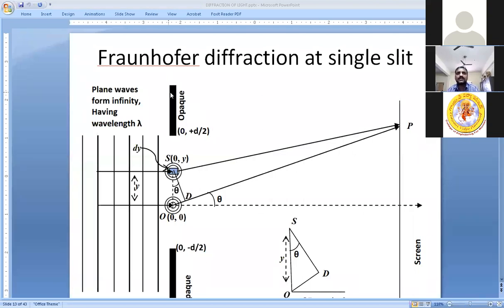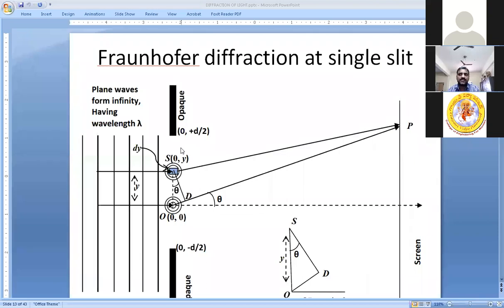Yesterday we had a pair of opaque surfaces. In between there is an open portion which we are calling a rectangular slit, and plane wavefronts having wavelength lambda are coming from the left hand side from infinity and illuminating the slit.